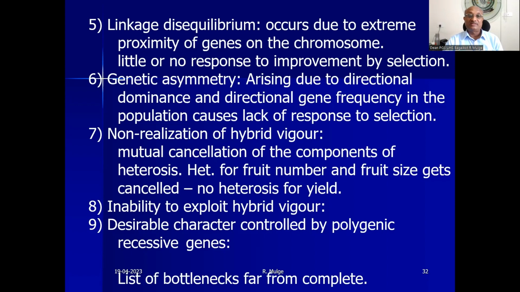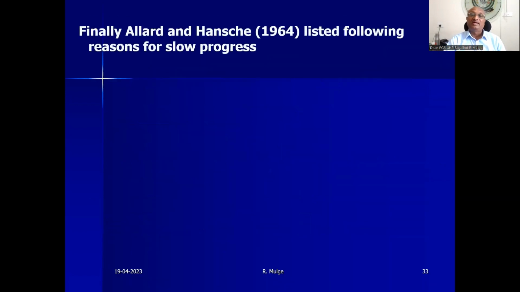So the list of inherent genetic bottlenecks we have given is far from complete. Many are there; we have only taken a few as examples. So bear that in mind, they are always fighting to solve some of the problems in a specific crop.